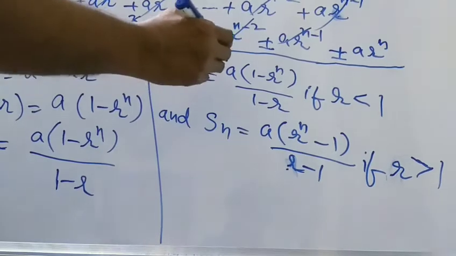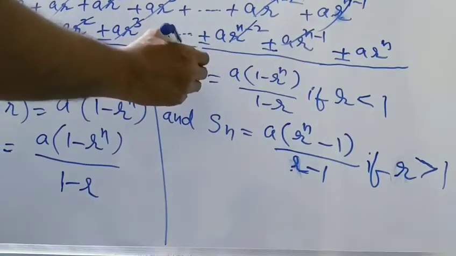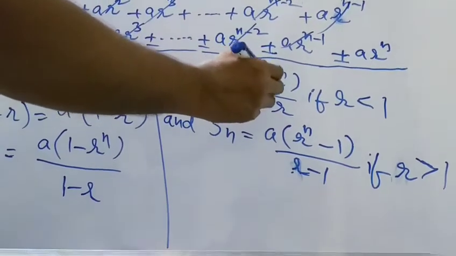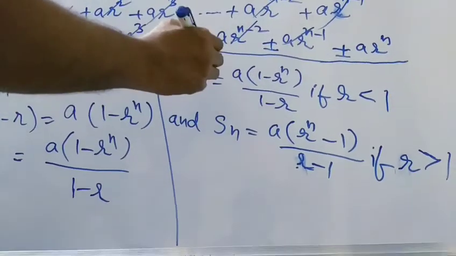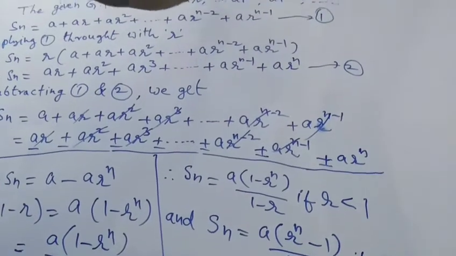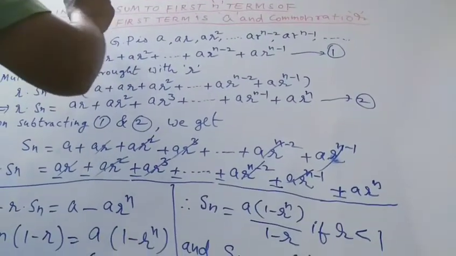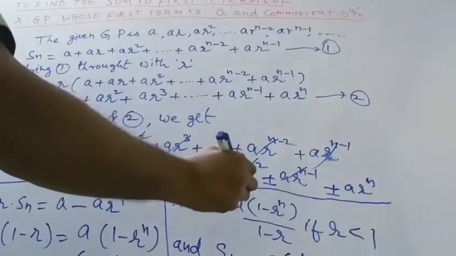And when common ratio is less than 1, the sum to n terms is a of 1 minus r to the power of n by 1 minus r. So these two are the sum to first n terms of a geometric progression, whose first term is a and common ratio is r.